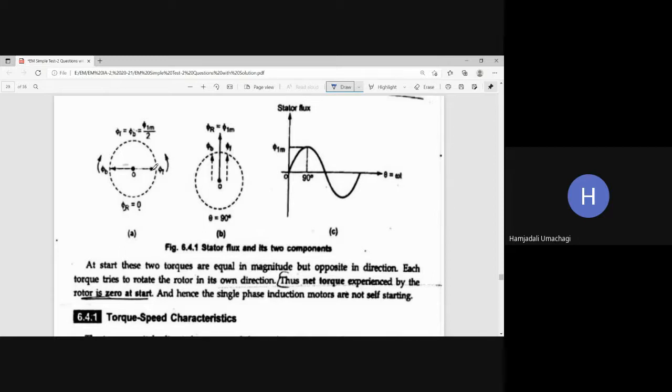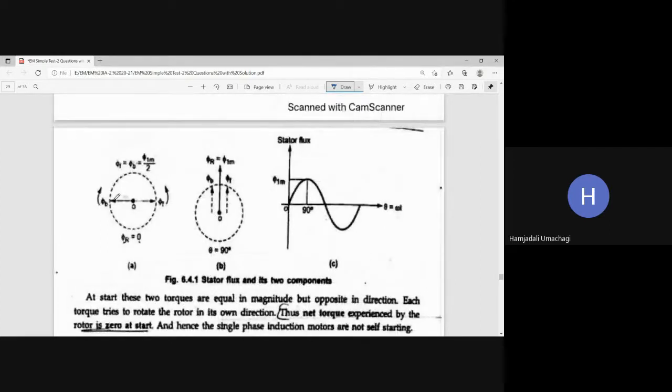The interaction of these two fluxes gives us the resultant of the main stator flux at that instant of time, which is nothing but the original flux.